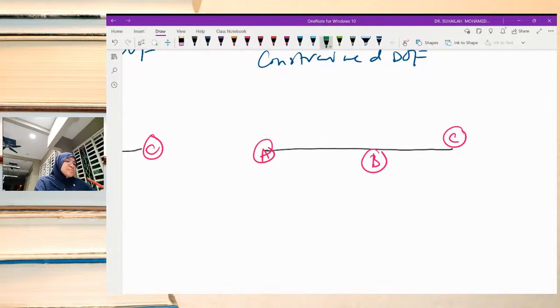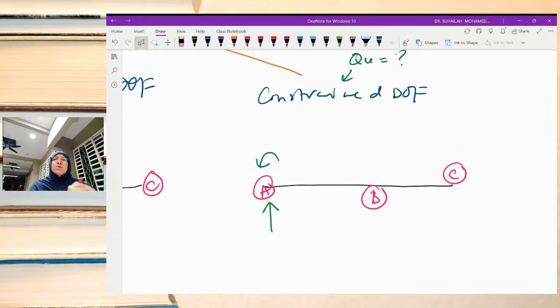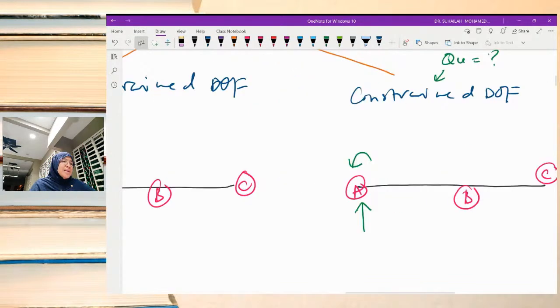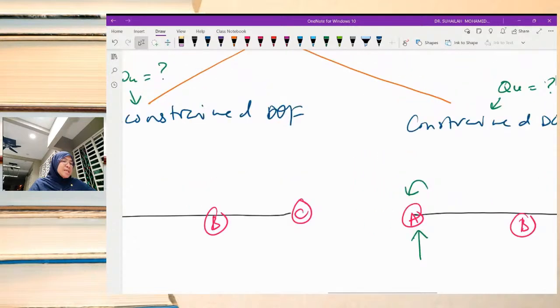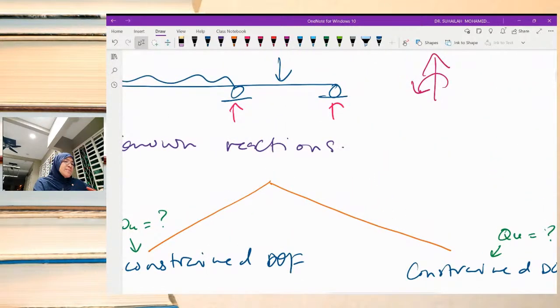1, 1, 1, 2. We only count 2 under the constrained degree of freedom system. And look at B, 1 in Y direction, and C, 1 in Y direction.